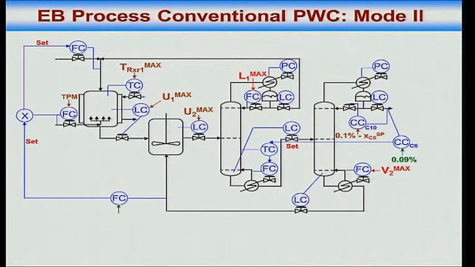That ethyl benzene will build in the DEB recycle loop. So if ethyl benzene builds up in the DEB recycle loop, the flow rate of the DEB recycle will go up.